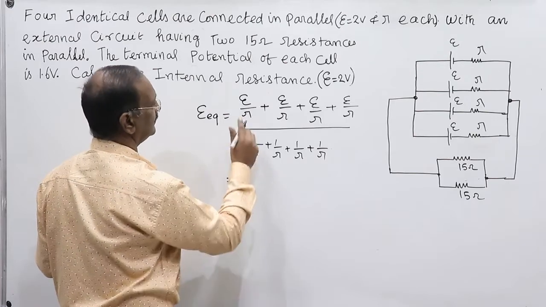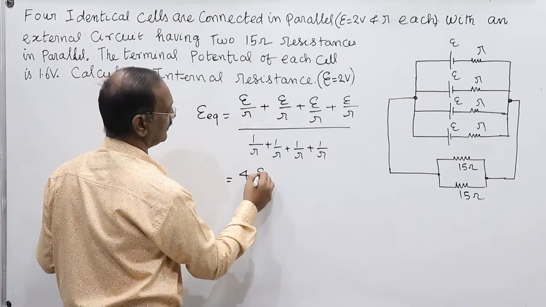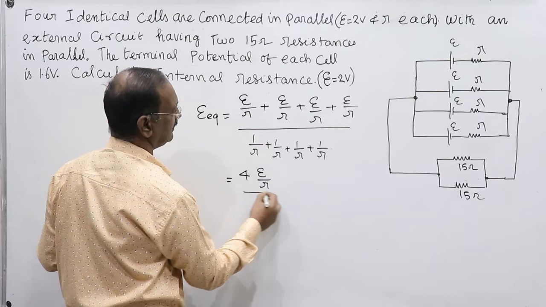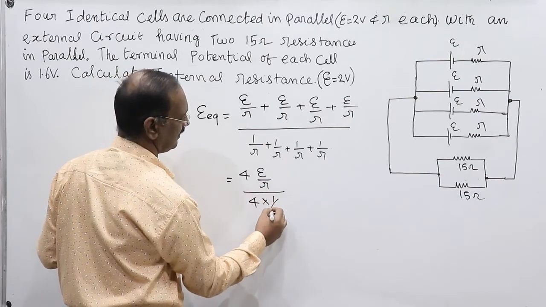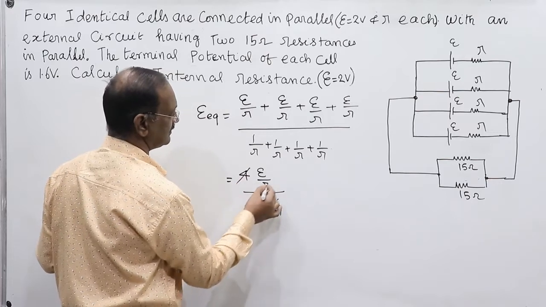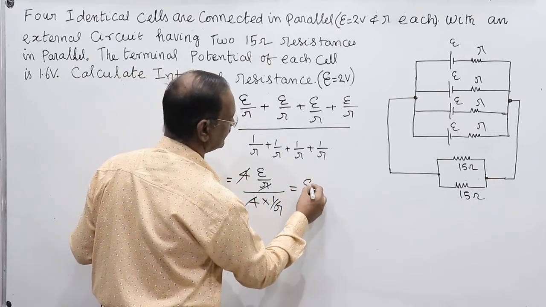So this is equal to 4 into E by R divided by 4 into 1 by R. So the 4 cancels, the R cancels, and it is equal to E.